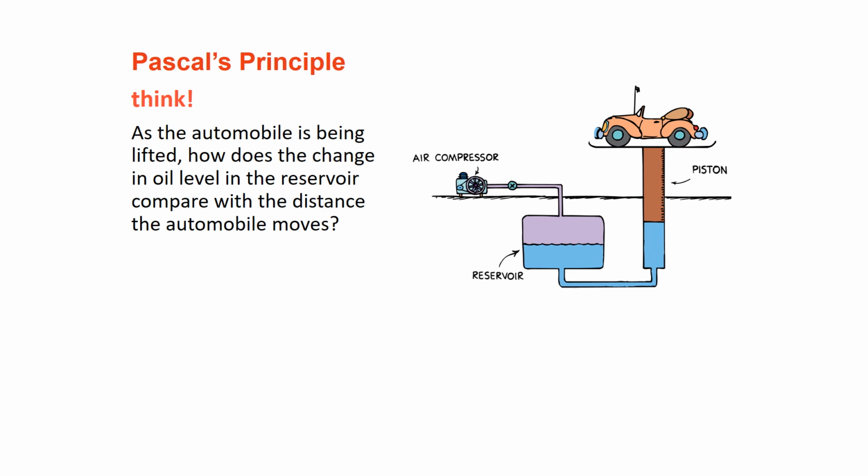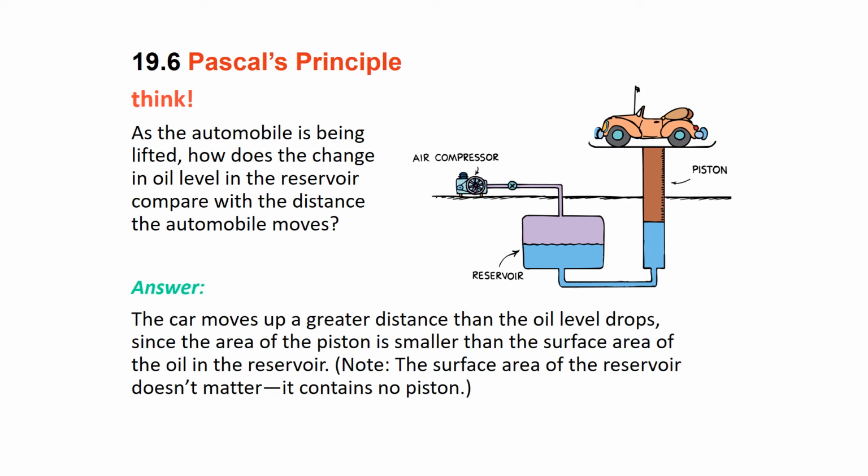Question: as the automobile is being lifted, how does the change in oil level in the reservoir compare with the distance the automobile moves? Let us think of this example.